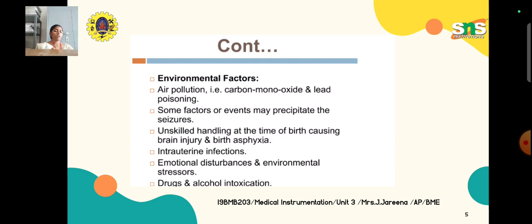While taking alcohol and drugs, it is very important to watch the level, how much we are consuming, because taking too much of these will also lead to epilepsy. So these are the different factors, the different root causes for some people to get epilepsy. In some cases we can rectify this problem at an early stage, or even if it has gone one stage above, based on the different kinds of treatment we can rectify this problem. In the next class we will see the different types of epilepsy in detail. Okay, thank you.